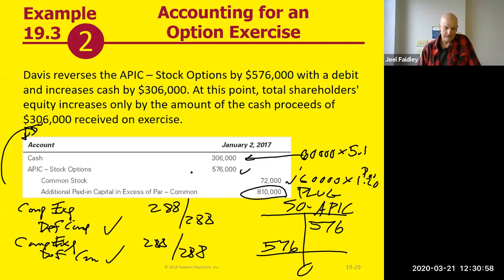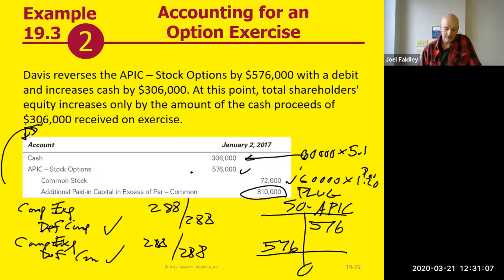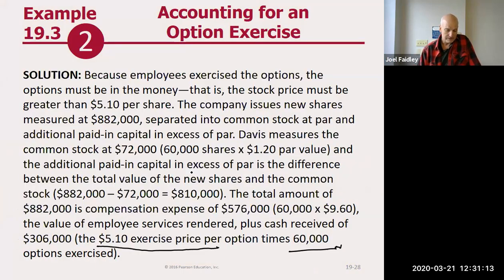All right, good exercise there. Second part of this, what if these options expired? What if the stock price, because in this case, the stock price was what? $5, or excuse me, well, it doesn't say, does it? It just says these options were exercised. It doesn't matter to you as a corporation making this entry what the stock price was, even $100 a share.